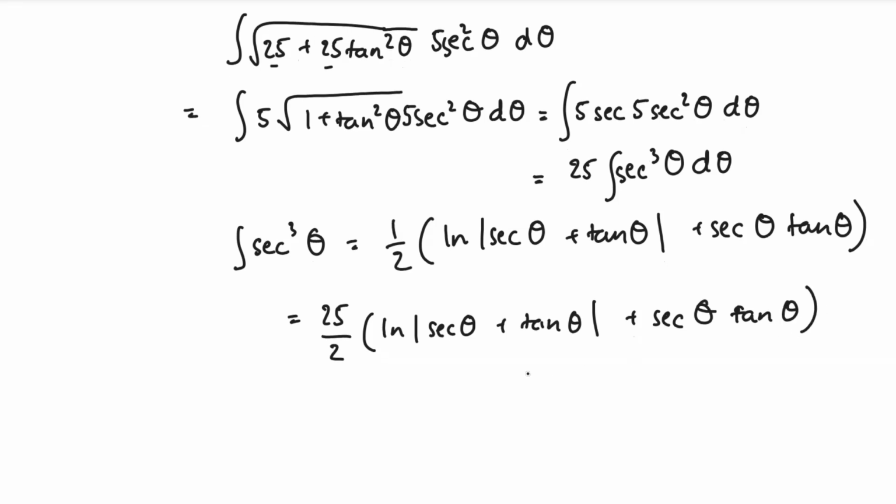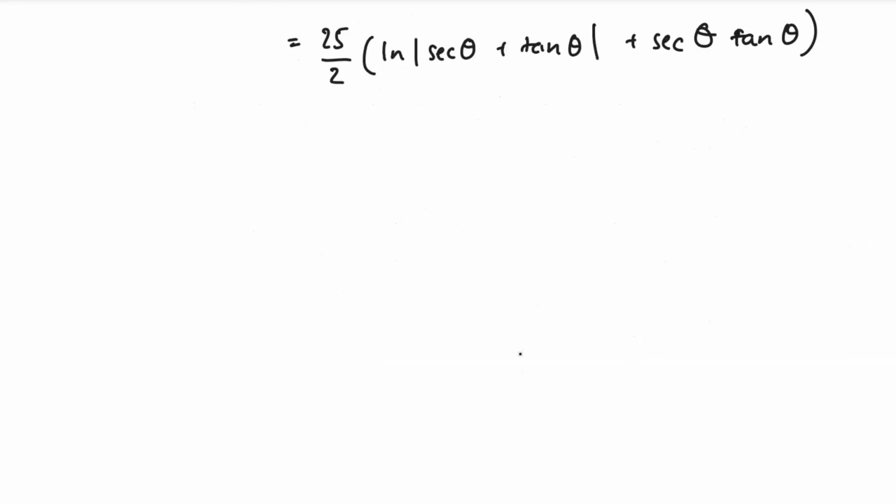Next, we have to convert theta back to x. We know that x equals 5 tangent of theta, so tangent of theta equals x over 5. I'm going to draw a triangle, and this angle is theta.